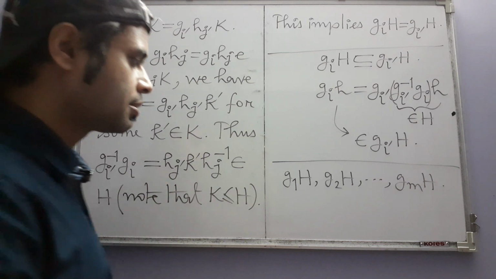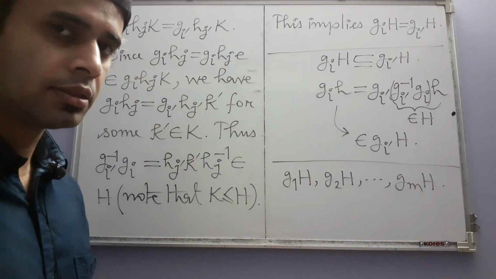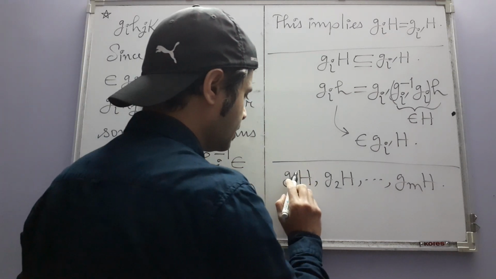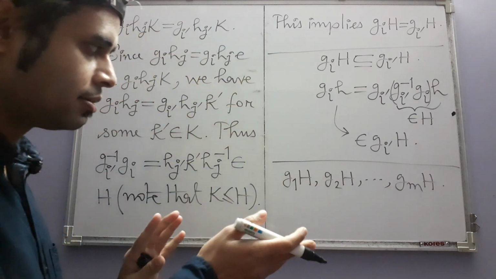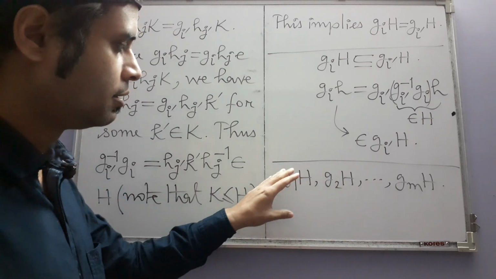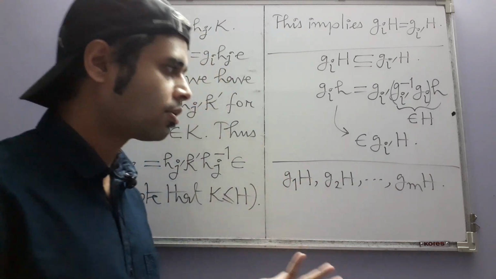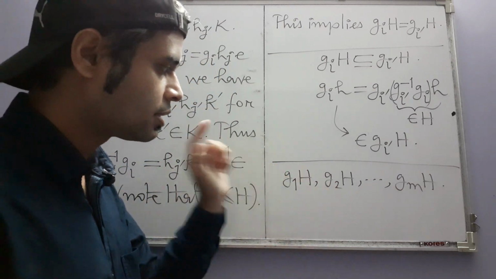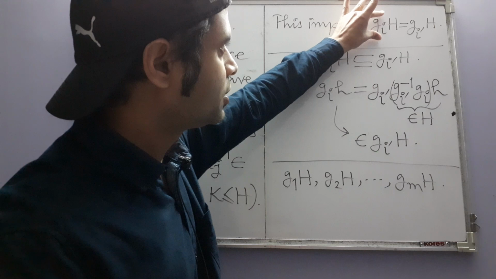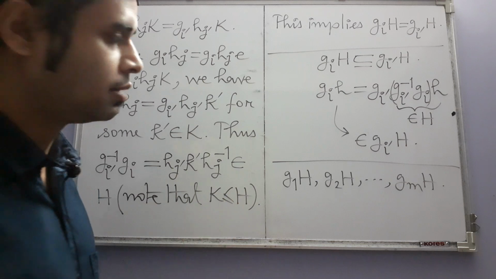What that means is that if these suffix values are different, then the left cosets must be different, or more simply, if any two such Gi and Gj are different, which of course happens when the suffixes are different, then the cosets are different, because this is precisely the list of all distinct left cosets of H in G. Now here we have got two such left cosets where the representative elements are coming from this list, that means some Gi prime.